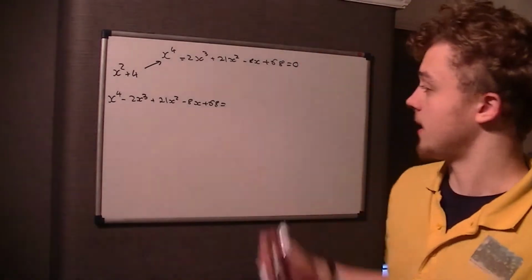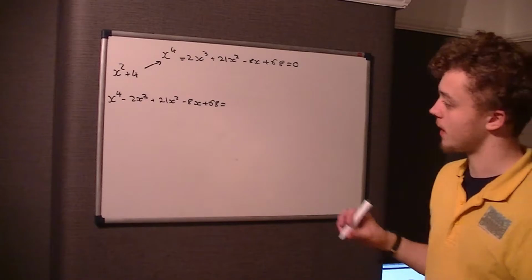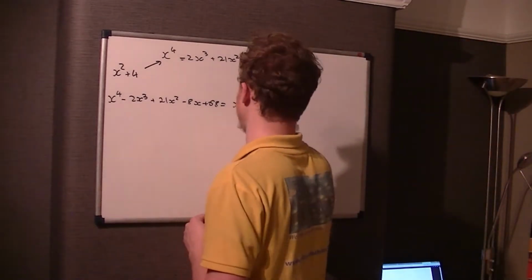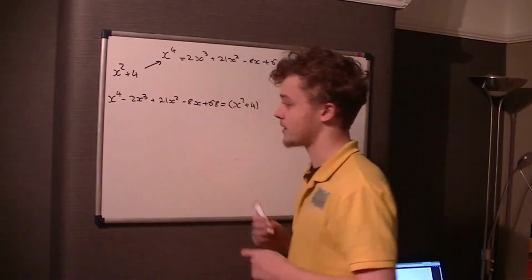When we're talking about factors, say a factor of 6 could be 3 or could be 2. Basically it's something that is times by something else to give the answer. That's basic maths. I'm probably making it way too complicated. Basically what I'm saying is we times this x squared plus 4 by something to get this quartic equation.